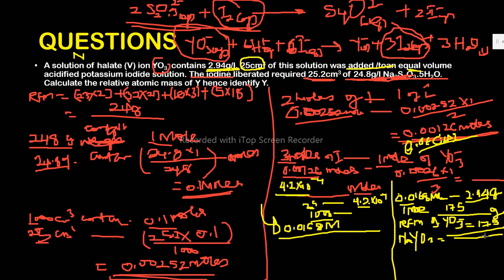I think even if I rub, we no longer need all this. Yes, I'm going to rub because we need 175 at this stage. You can pause the video. It's okay, I'm going to rub everything.